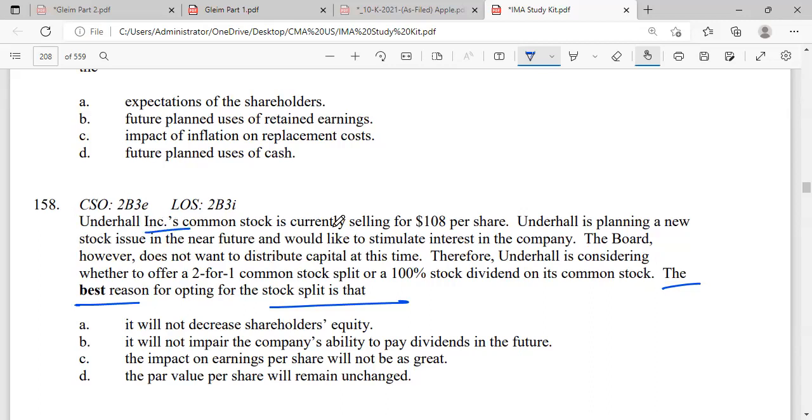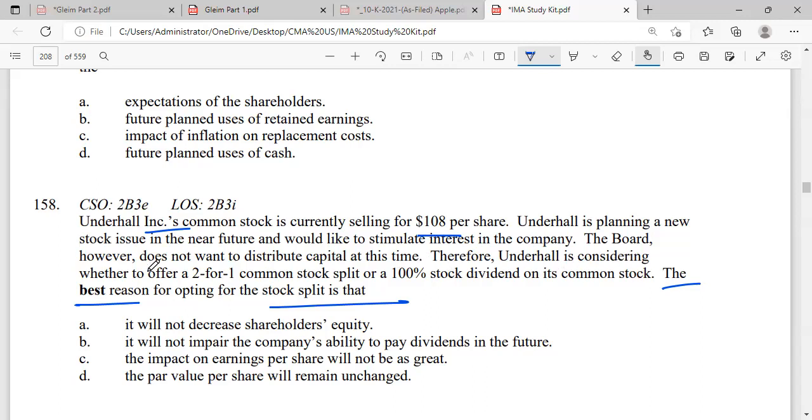Underhaul Inclusive's common stock is currently selling for $108 per share. Underhaul is planning a new stock issue in the near future and would like to stimulate interest in the company. The board, however, does not want to distribute capital at this time.